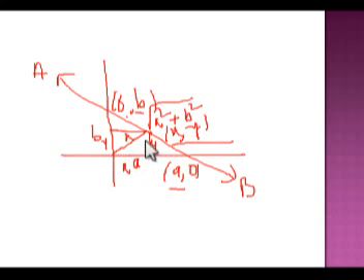But this distance from the straight line to the origin is root over x square plus y square. Now if you take the distance as p, then p will be root over x square plus y square.